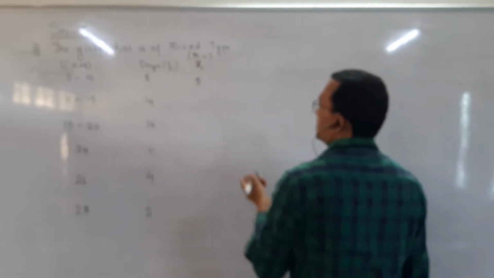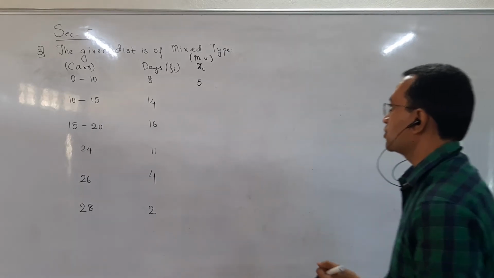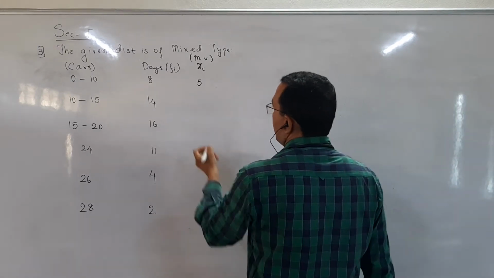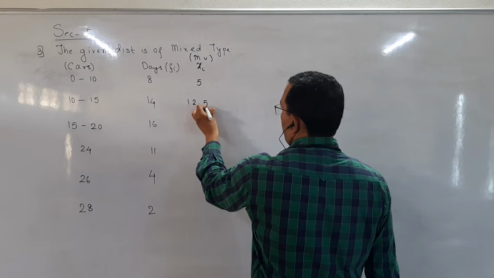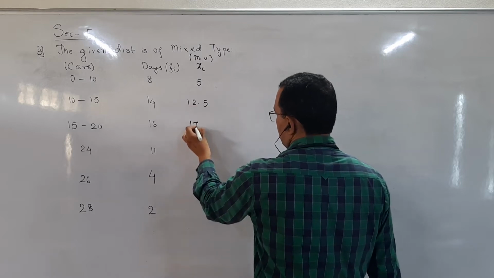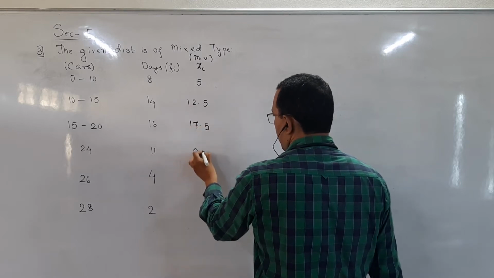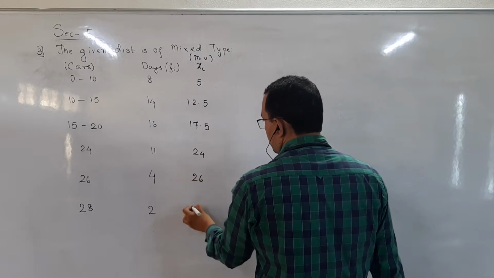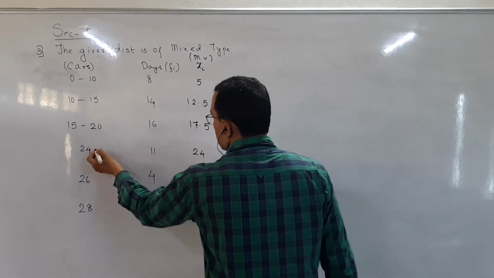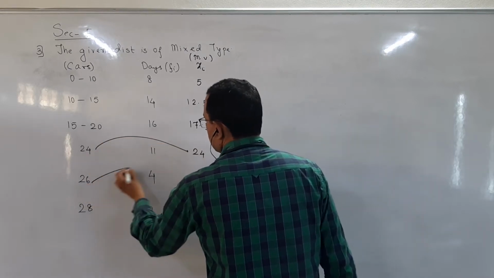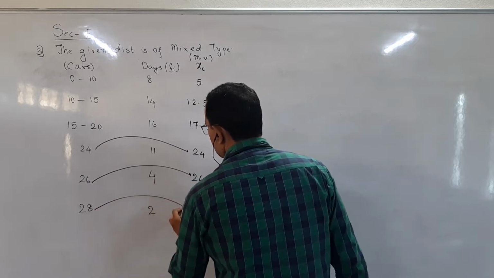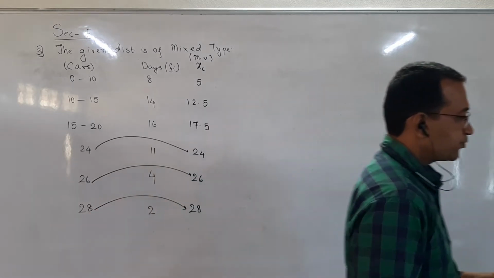0 plus 10 by 2, so 5, 25 by 2, so 12.5, 35 by 2, so 17.5. Mid values of discrete values are the same, which is a new concept.